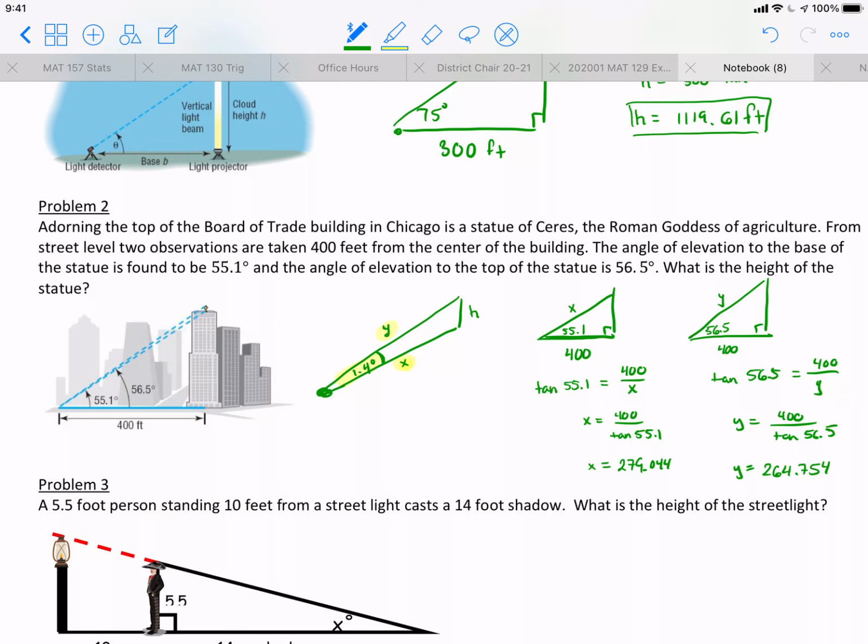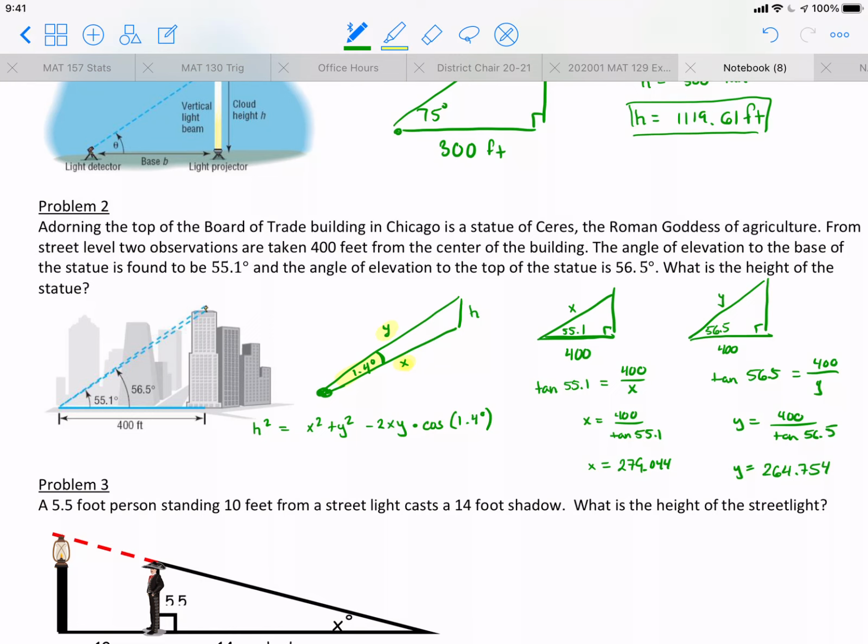So with that h and that angle, h squared is equal to what? If it's okay, I'm going to write just x squared plus y squared minus 2xy times the cosine of 1.4 degrees.